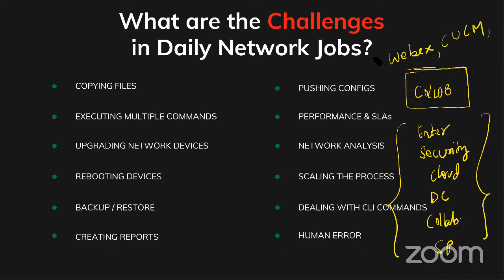So what kind of automation can you do here? Let's say you're creating a meeting invite which needs to be sent to 100 distributors, you can automate that. You can add a number of people to that meeting with respect to the CUCM managers. You can have programming done where you can see which IP phone is down or which IP phone has a reachability issue. So these are all challenges on the collaboration side.